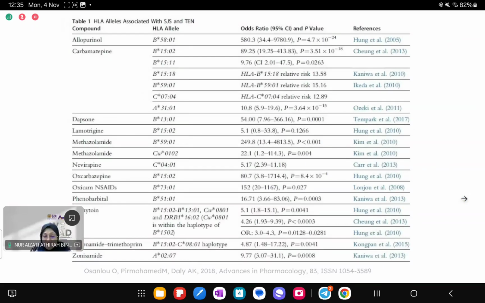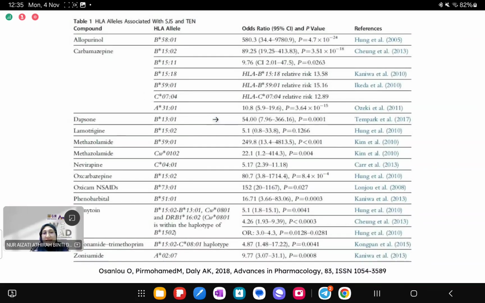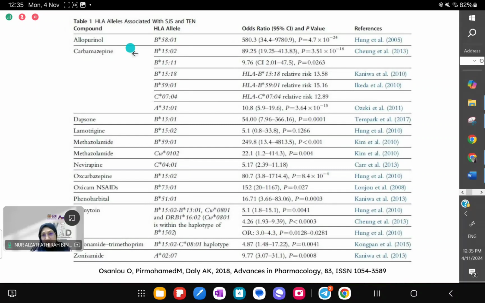So what are the drugs related to this ADR, and which marker do they relate to? Different drugs have their own HLA marker. If you can see here, allopurinol also causes SJS, also causes TN, but the marker is B*5801.